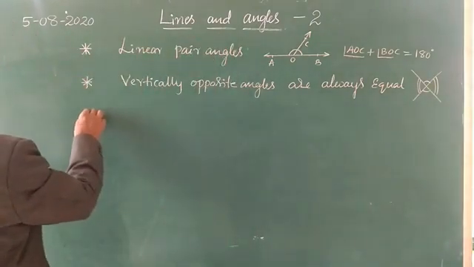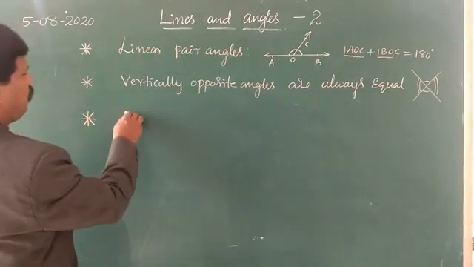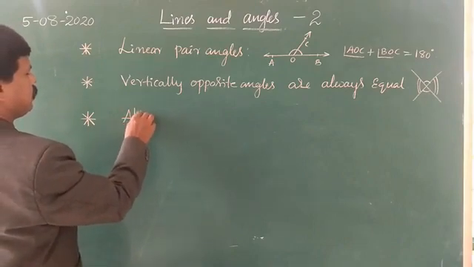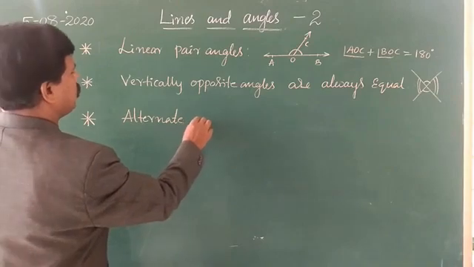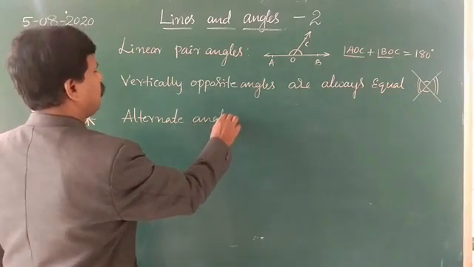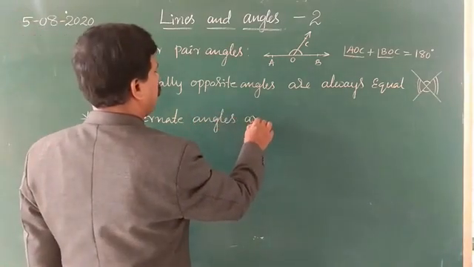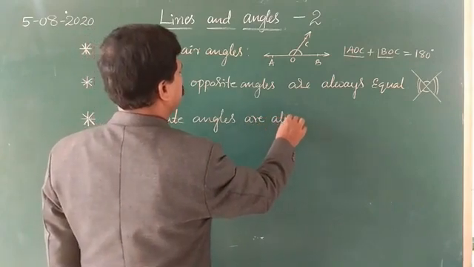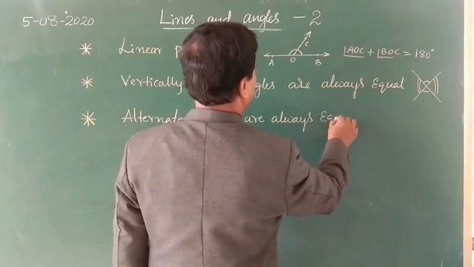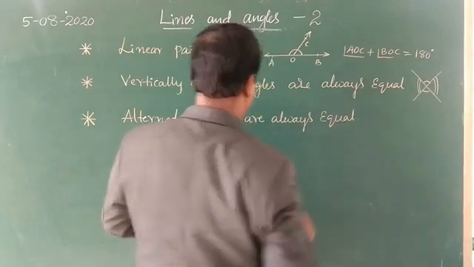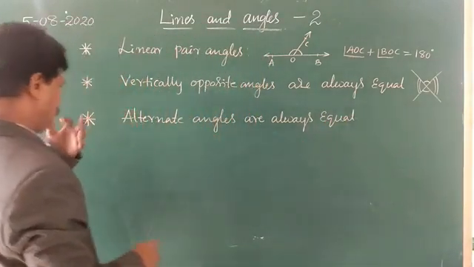And another thing is alternate angles. Alternate angles are always equal.